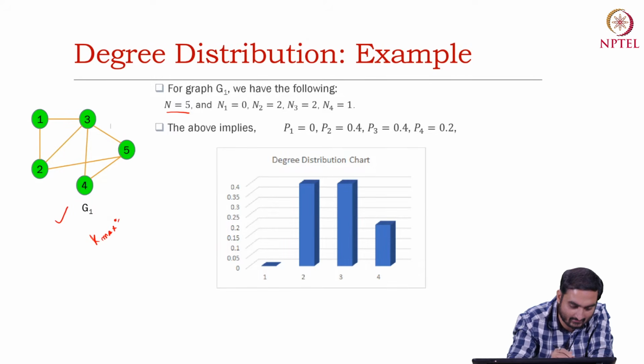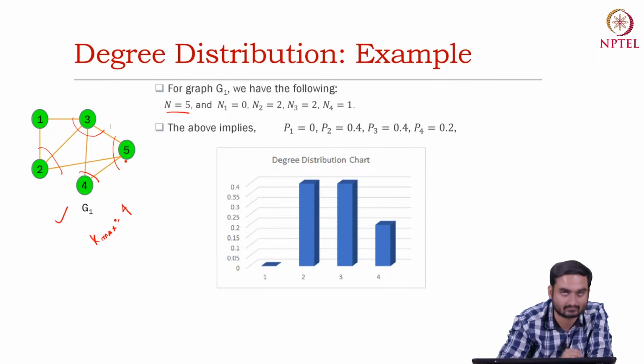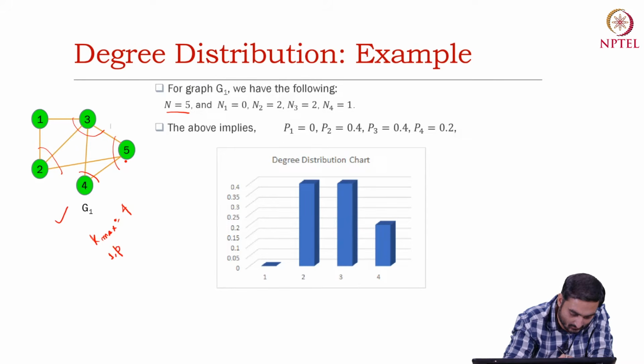Looking at the nodes, the degrees are 3, 4, 3 and 2, so the max degree is 4. So we will measure P_1, P_2, P_3, and P_4.